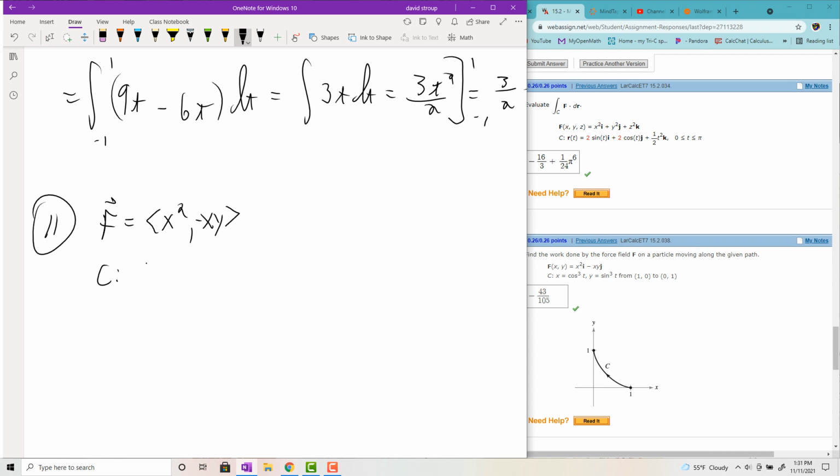I guess we have cosine cubed t, sine cubed t. x is going from 1 to 0, so it's going from (1, 0) to (0, 1). I need to figure out my t values. So if I start at 0 and go to pi over 2, that'll do it.